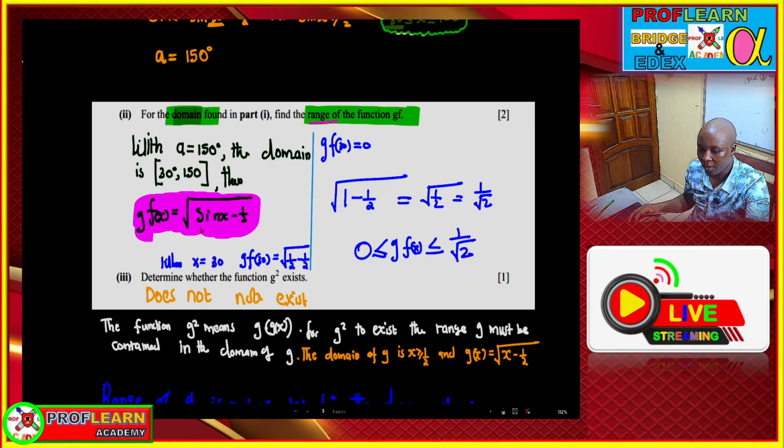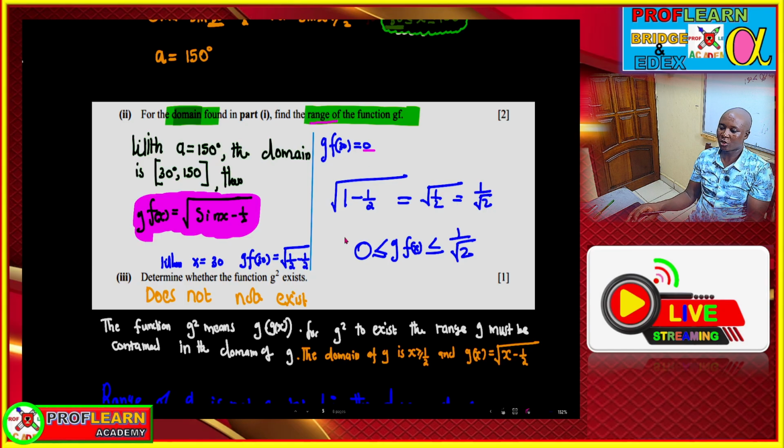When x is 30, remember f of x becomes a half, so you shall have a half minus a half, which becomes 0. So when x is 30, g f of 30 becomes 0.